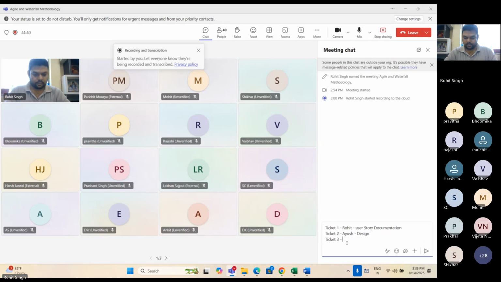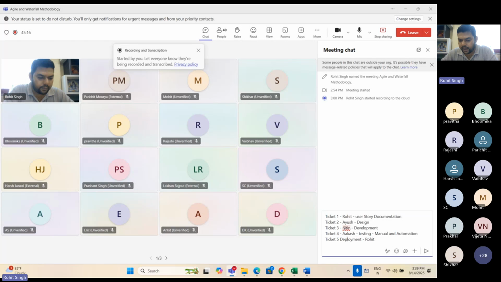Ticket 3, Nitin: development. Ticket 4, Akash: testing, automation testing. And ticket 5: deployment, Rohit.